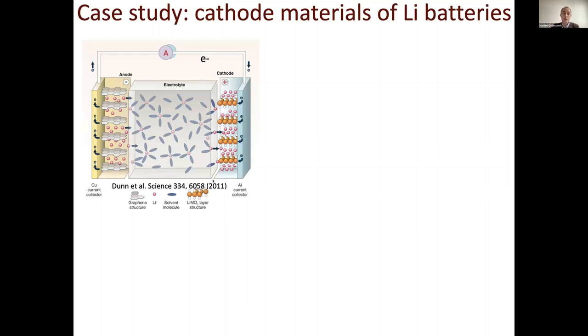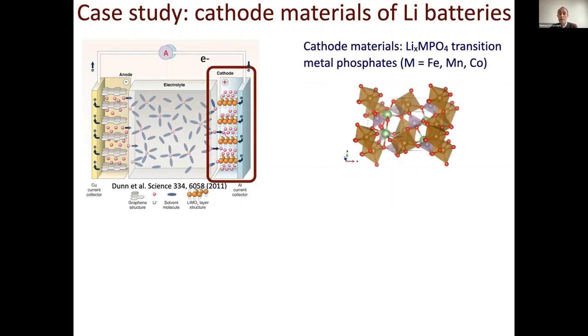And I will focus specifically on the class of materials that was also mentioned by Professor Marzari yesterday morning, basically the phosphates of transition metal and lithium, which is a class of systems we worked on mostly recently. This is a class of so-called intercalation cathode materials because lithium is able to go in and out without major structural changes in the hosting crystal.